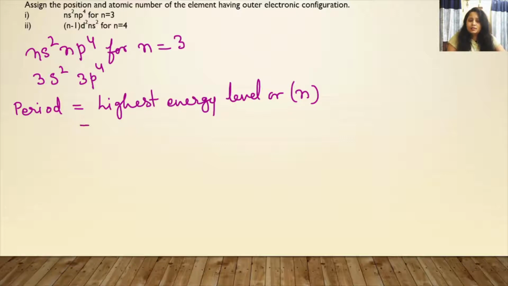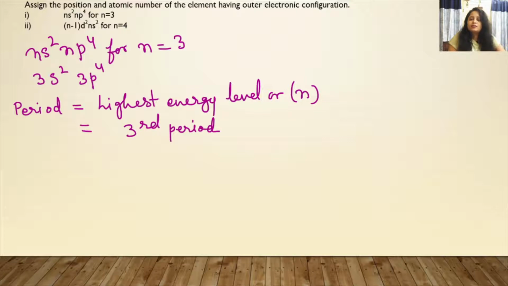So here n is equal to 3 and this is our highest energy level for this given element. So period will be third. Determining the period is the easiest thing in this type of problems.